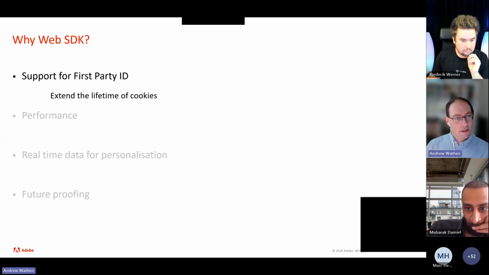One of the things that Web SDK supports is first-party IDs. And with that, we can overcome and extend the lifetime of those cookies, getting back to something more reasonable, say a year. And for us, that's really important because data quality is really important to us.